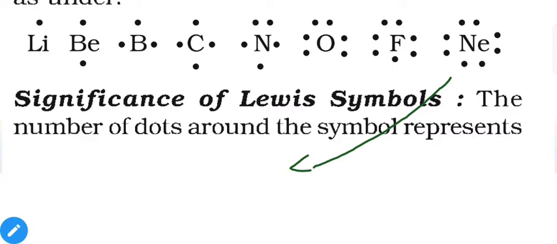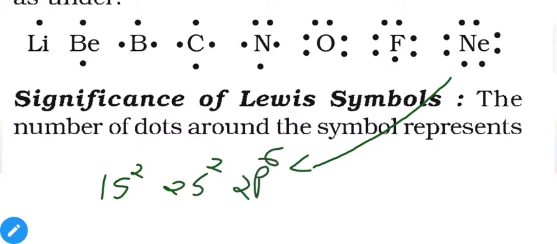First of all, what will be the electronic configuration of neon? It will be 1s2, 2s2, 2p6. The electrons present in the 1s orbital will be part of the positively charged kernel, and the remaining electrons will be valence electrons.